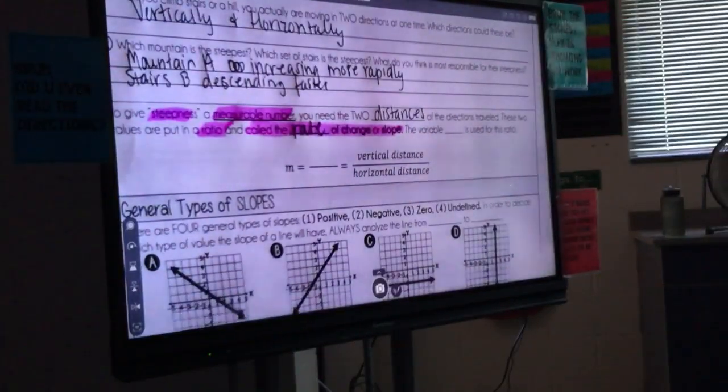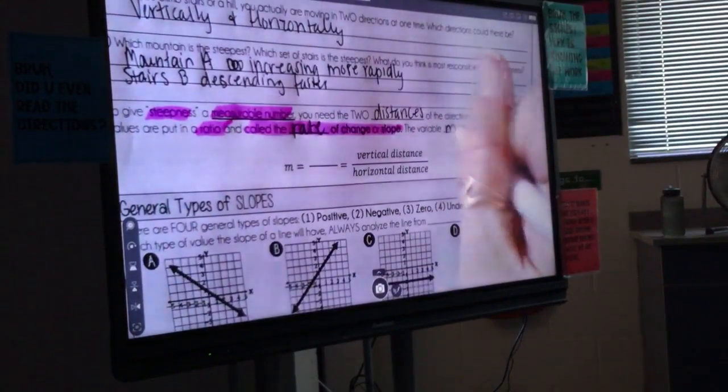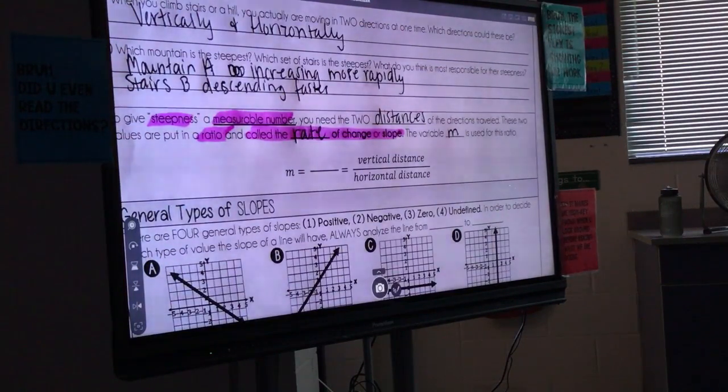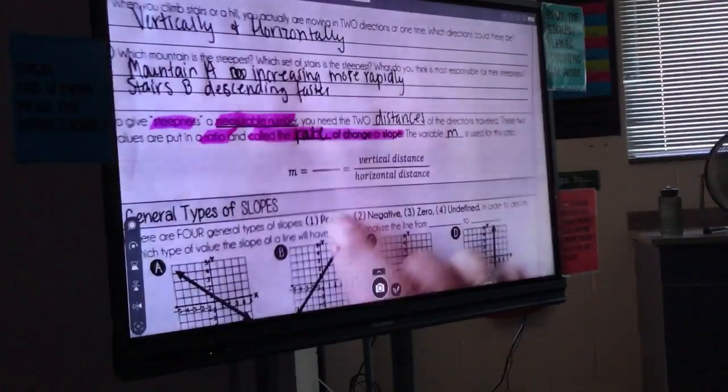And the variable m is used for that ratio. All right, we obviously know m equals what goes on top, what goes on the bottom. Ellie.